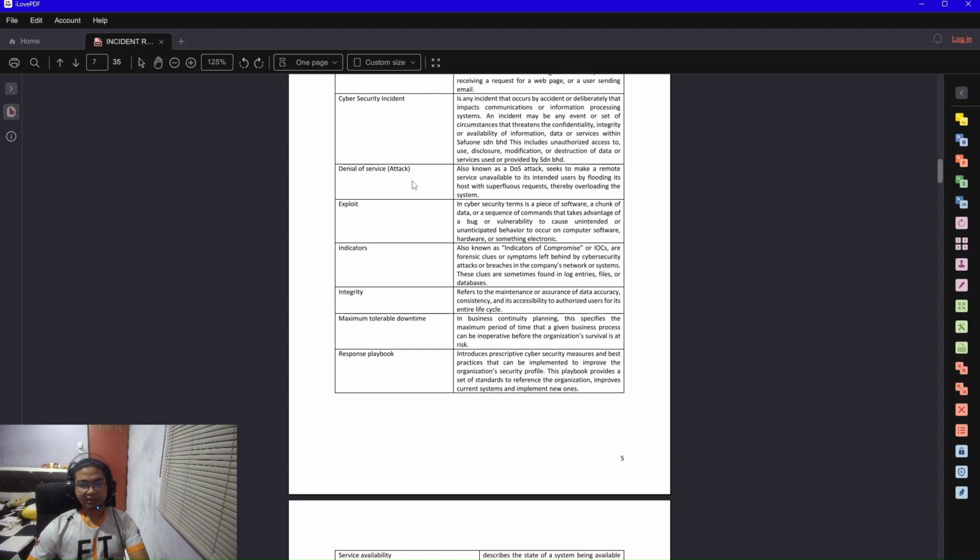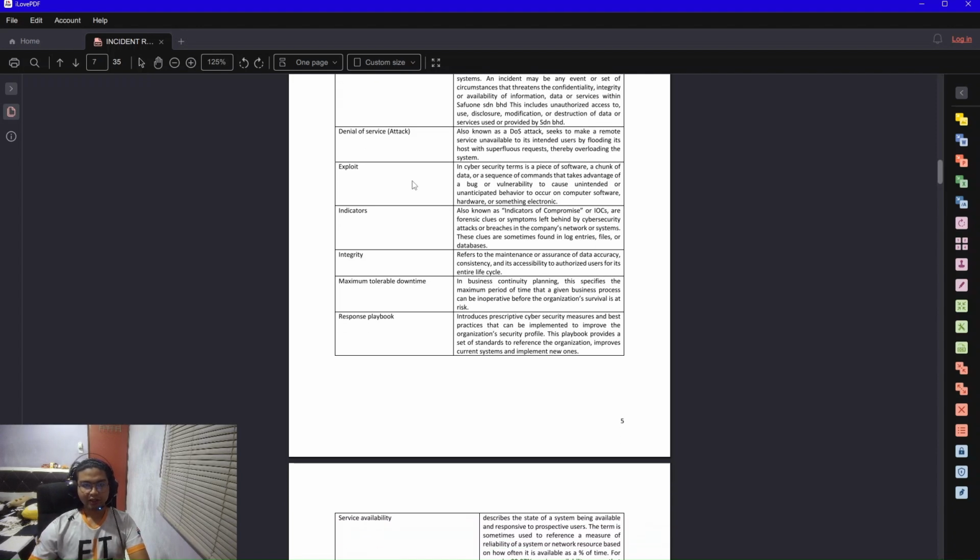Denial of service, also known as DoS, is a type of attack that happens by a remote attack. An exploit in cybersecurity terms is a piece of software, a chunk of data, or a sequence of commands that takes advantage of a bug or vulnerability.